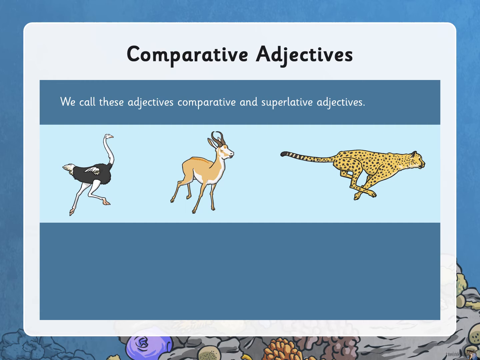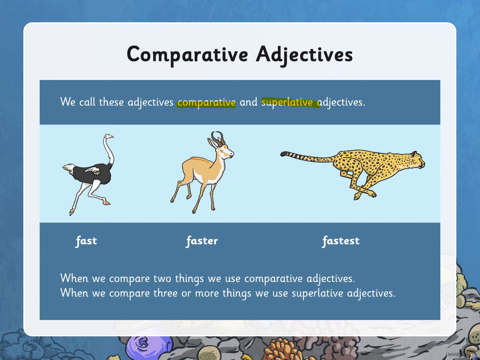Here we have our key words. So the adjectives are comparative and superlative. So fast is the adjective. When we compare them, we can say that fast becomes faster. But then we have the fastest, and that's a superlative.